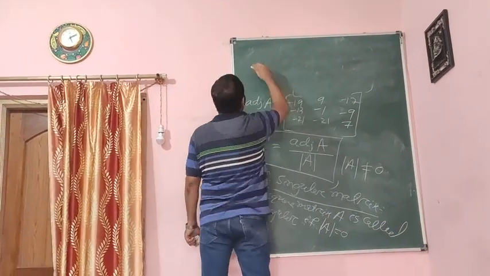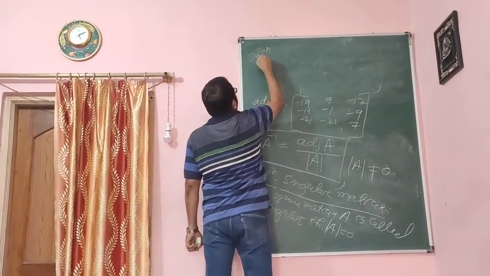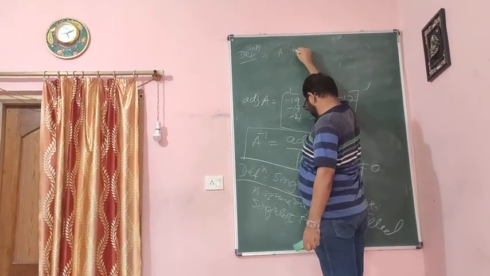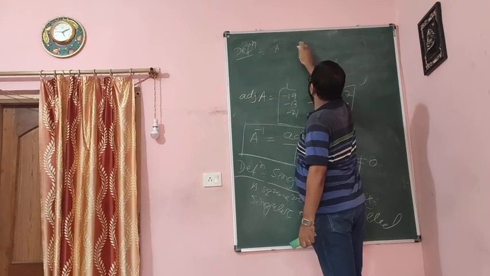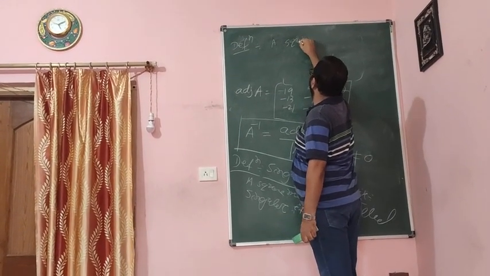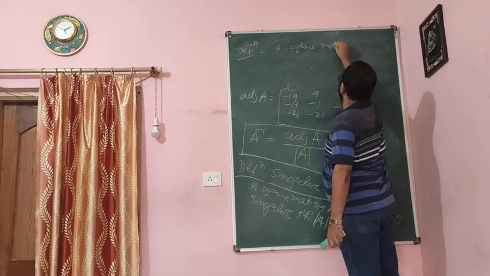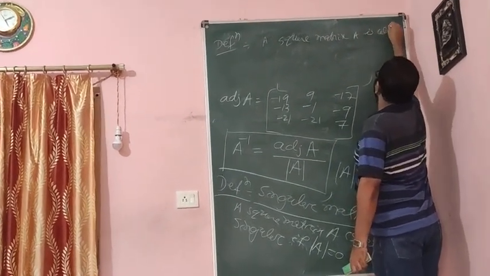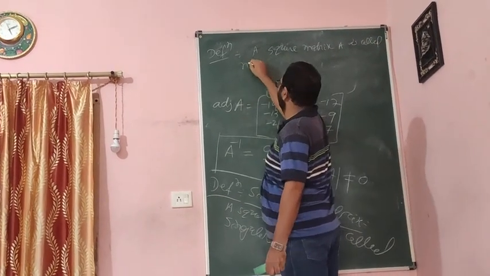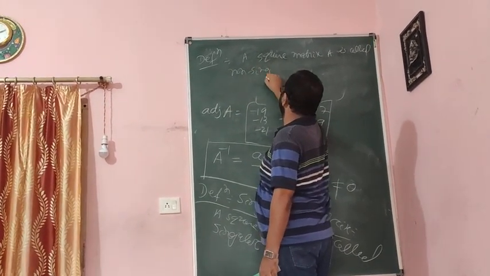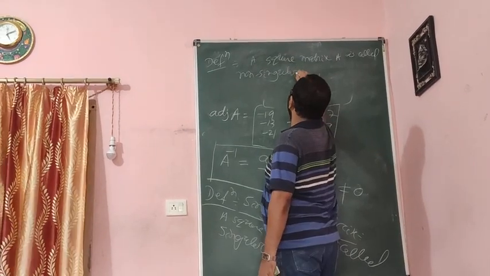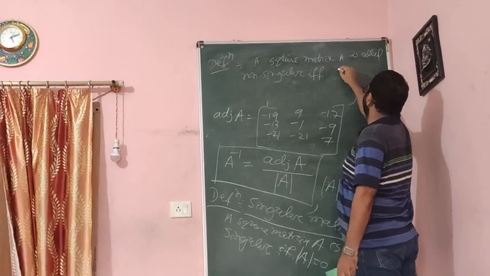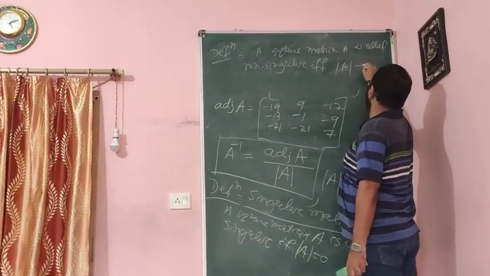Another definition: a square matrix A is called non-singular if and only if the determinant of A is not equal to 0.